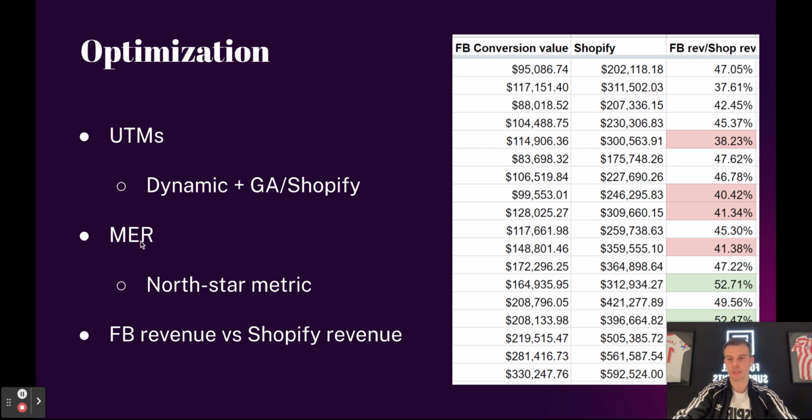Besides that, we use MER as a North Star metric, as a directional metric. Considering the iOS, it's hard to track all the stuff and attribute all the sales to the channel that resulted in a sale. So what we do for our clients is track all the sales and all the spend. We have a target that's between 20 and 30%.